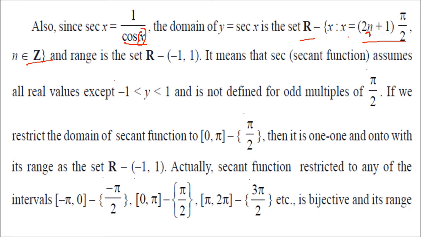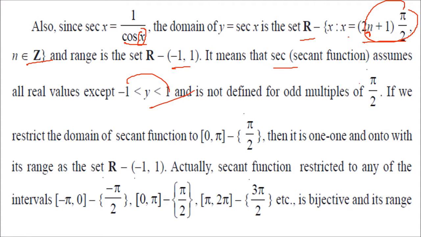And the range will be what? All the values except between minus 1 and 1. That means the sec will assume all real values except in between these, and it is not defined for any odd multiple. 2n plus 1 by 2 is an odd multiple of pi by 2.